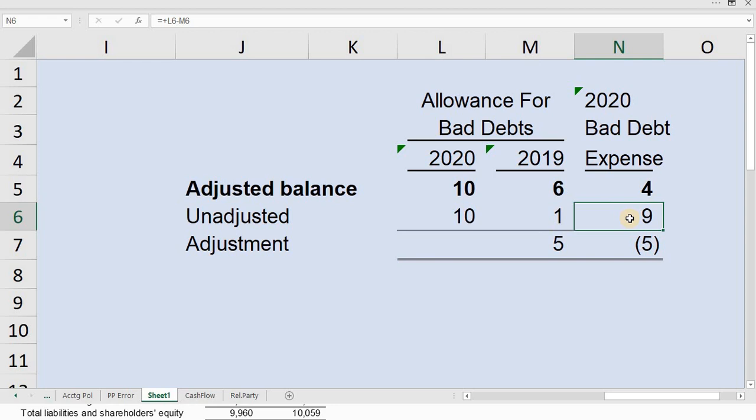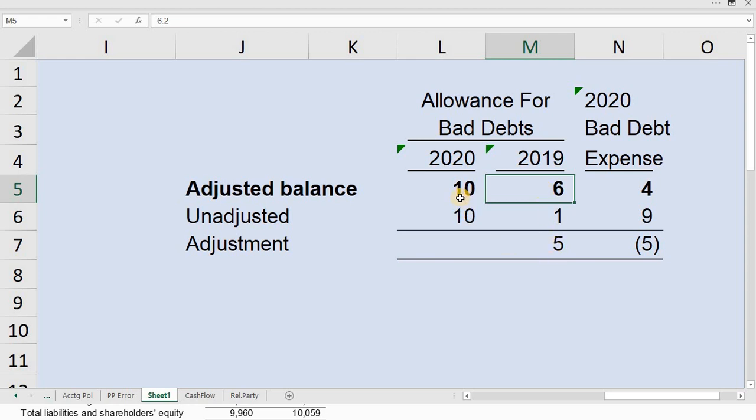And this is only used under the allowance method, under the outstanding balance of accounts receivable method. However, since the beginning balance of the allowance for bad debts in 2020 is increased from 1 peso to 6 pesos, it means the bad debt expense to be recorded in 2020 will be revised. Again, the computation of bad debt expense, assuming there is no accounts receivable write-off, is ending balance less beginning balance.